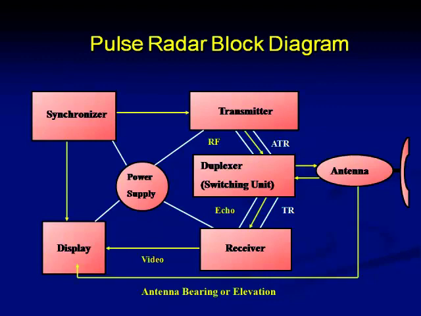The processed signal is given to the display unit through this video part of it. This is also synchronized with the transmitter signal, and there are varieties of displays for different applications. We have names like A scope, B scope, C scope, and PPI of these types. We shall see these details at a later stage.